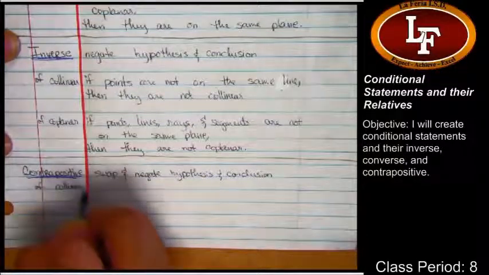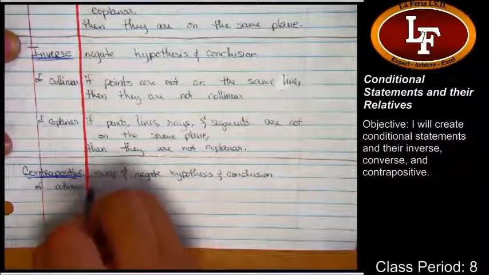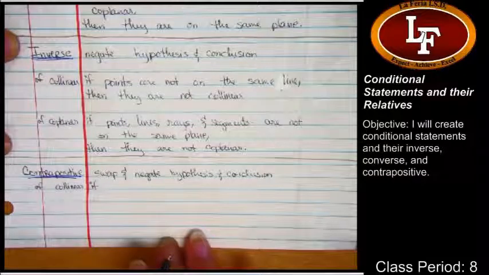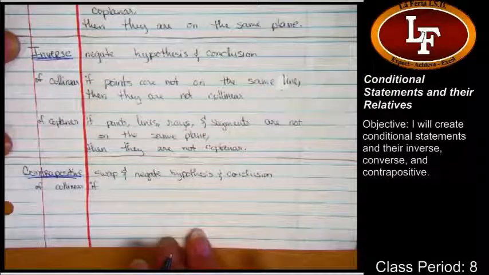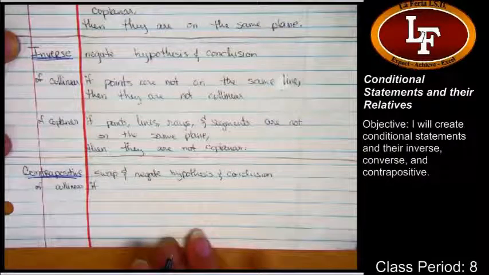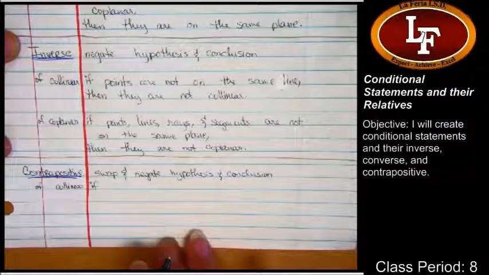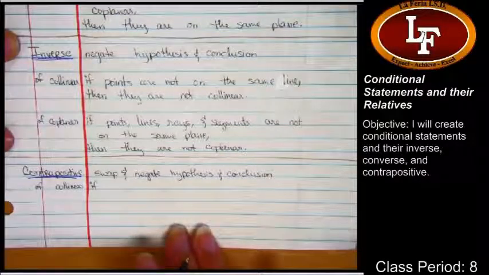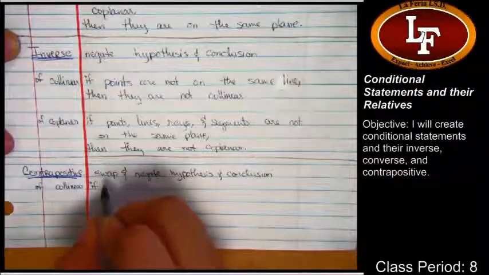All right, so let's do collinear. What was the original? We have to swap. What was the original conclusion for collinear? Conclusion first. They are collinear. Negate it. They are not.